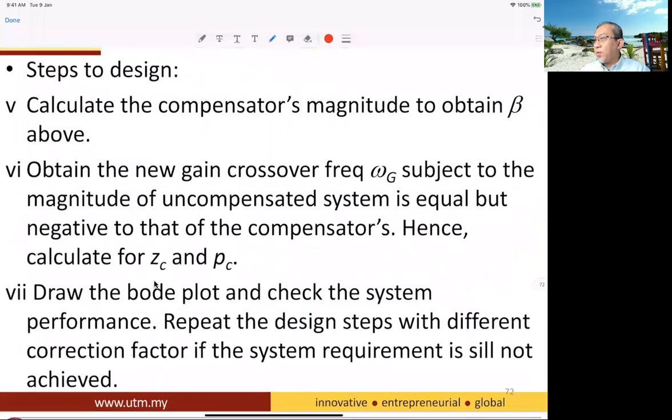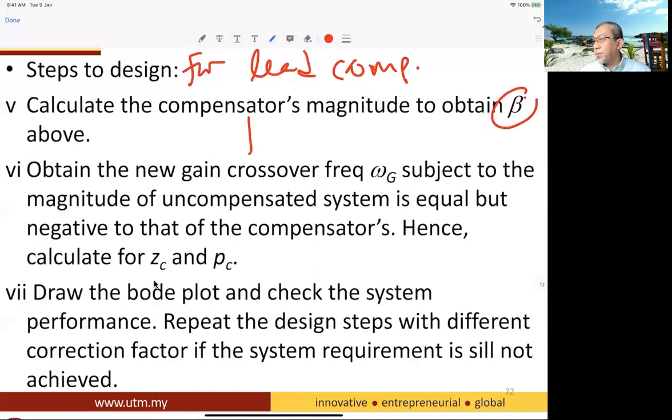Continue. Number 5, step to design for lead compensator. Then you have to calculate the compensator magnitude, okay, to obtain beta, the magnitude of G C j omega max, okay. That's step number 5.